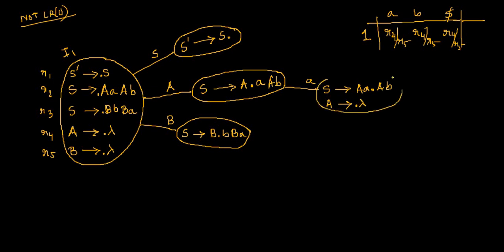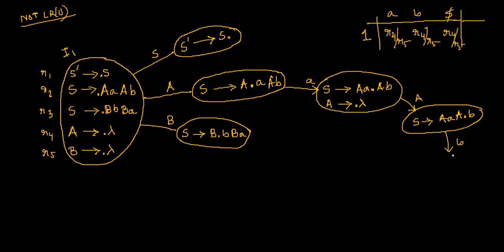This is one table. Now from here I will have A, so S2, A dot B. Fine. And then with B, I will go to S2, A B dot. And this is my final item.